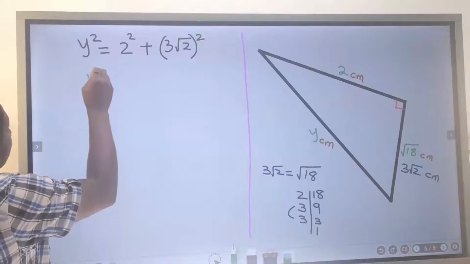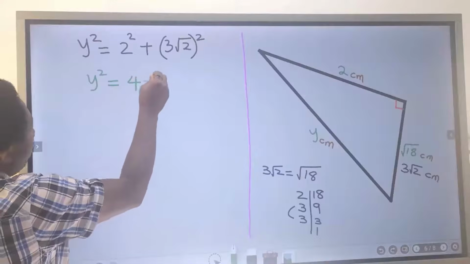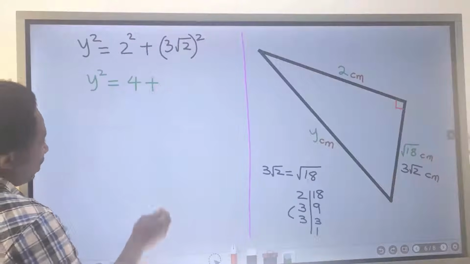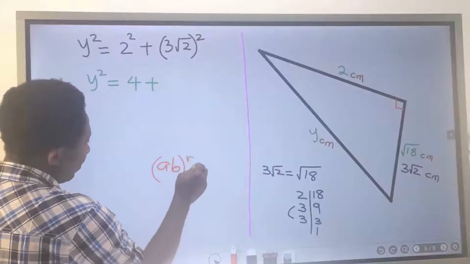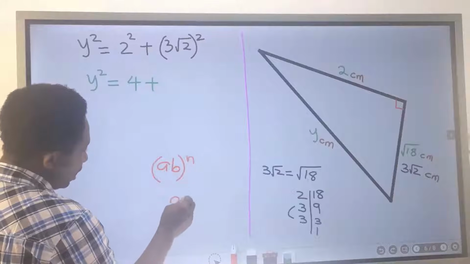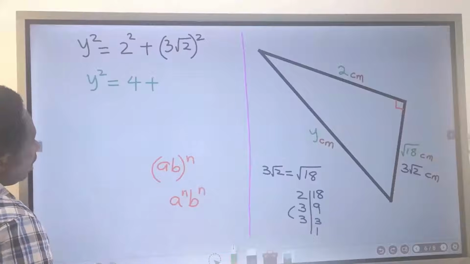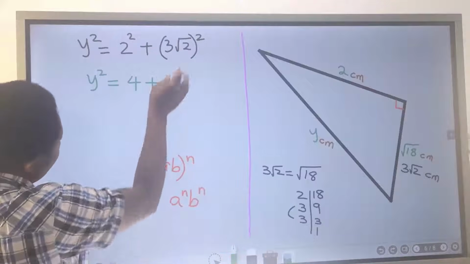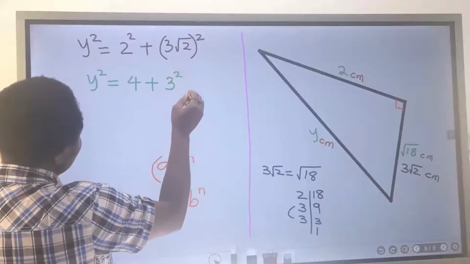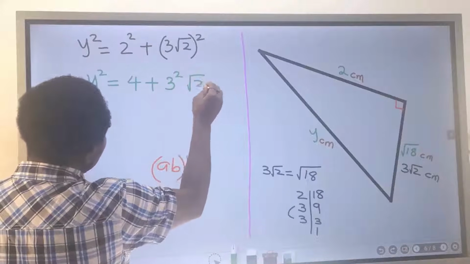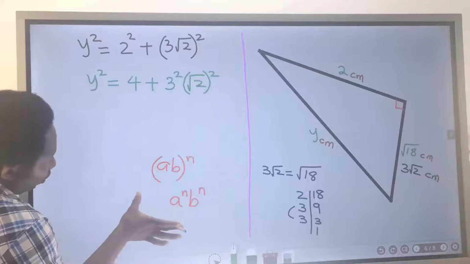Next, this is y squared and this is 4 plus, according to the law of indices, if I have AB all to the power of n, this is A to the power of n and B to the power of n. I'm going to apply this law to this. I'm going to have 3 to the power of 2 and the square root of 2 all to the power of 2 according to this law.